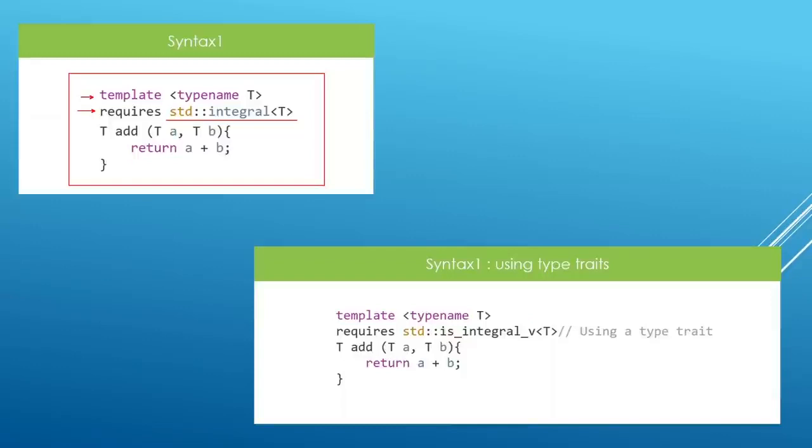Please note that you can also use type traits directly in the requires clause here, and this is going to work. And this really says that all you really have to put after the requires clause is an expression that can be evaluated at compile time but also results in a Boolean value. Once you satisfy these few requirements, you can really set up your concept however you want.